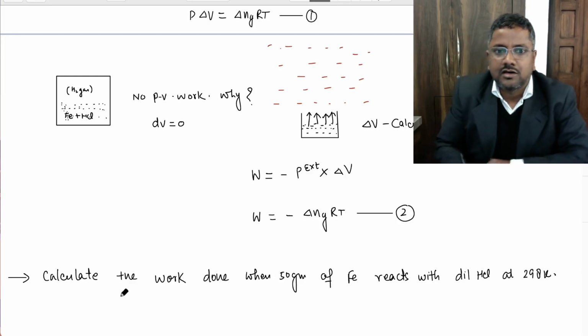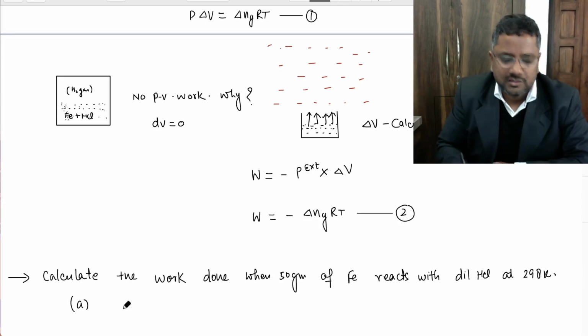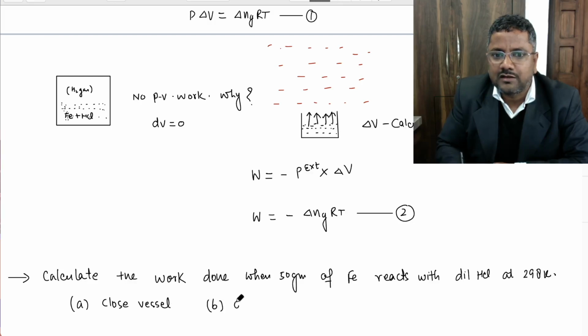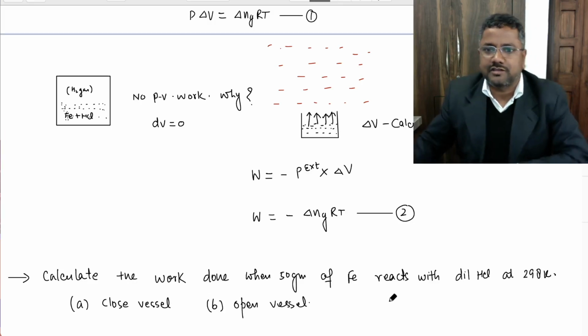Okay. First, in a closed vessel or closed container, and number 2, open vessel, right? Suppose that this question is given.